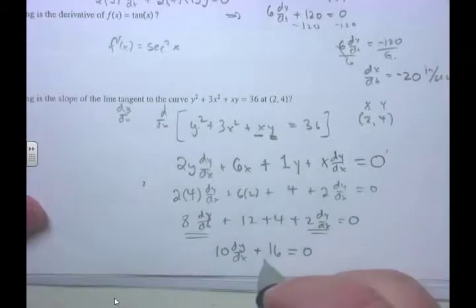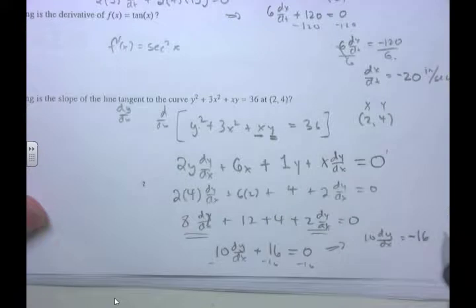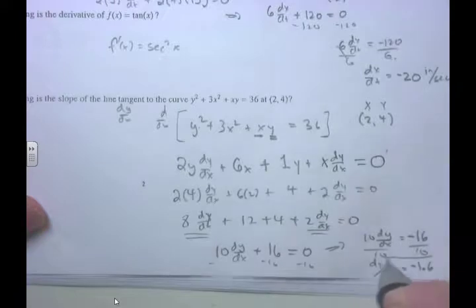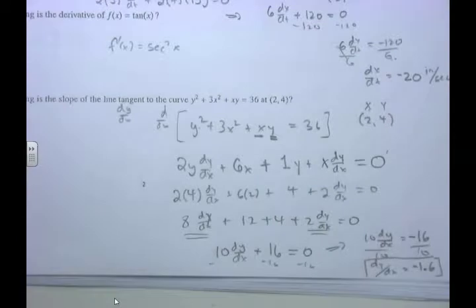How would you solve for dy dx? I would subtract 16 from both sides. This gives me 10 dy over dx equals negative 16. And then divide by 10, and I get dy over dx equals negative 1.6, because all I did was divide by 10. That's easy math that I don't need a calculator for.